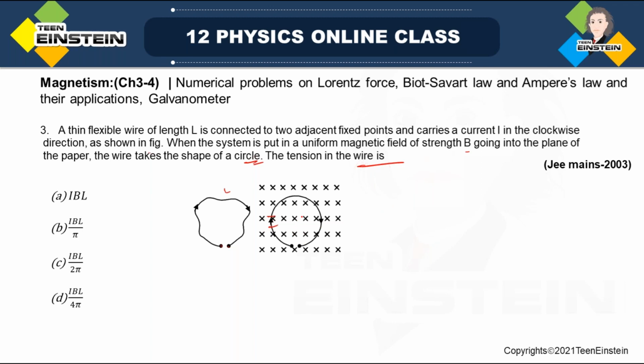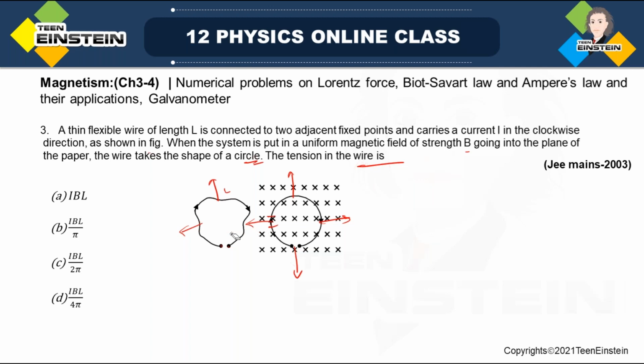So in this case, as we have seen, force will always be acting radially outward like this, and that's how the wire will be stretched. And it forms a circle.